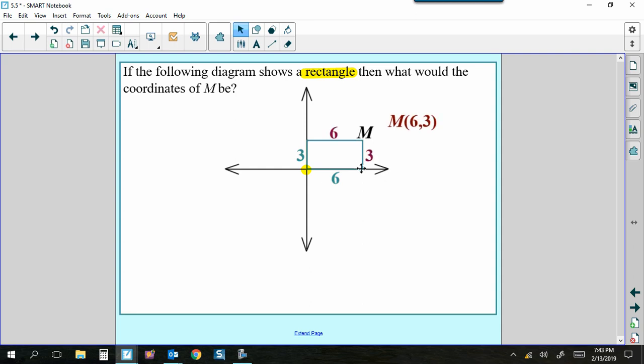And I know that this point right here would be just right 6, so this would be 6, 0. So 0, 3 and 6, 0. M is where those two meet up, right 6, up 3, so M must be at 6, 3. You could almost think of it as, to find M, what would your run and your rise have to be? Well, you would have to run 6, rise 3 to get to point M. Your run being 6 and your rise being 3.